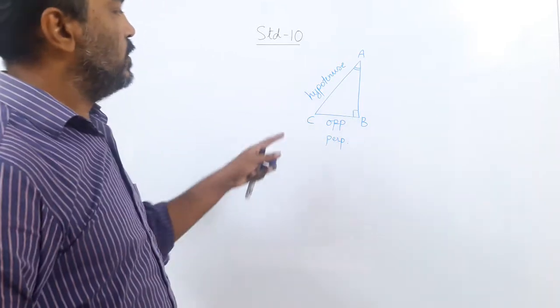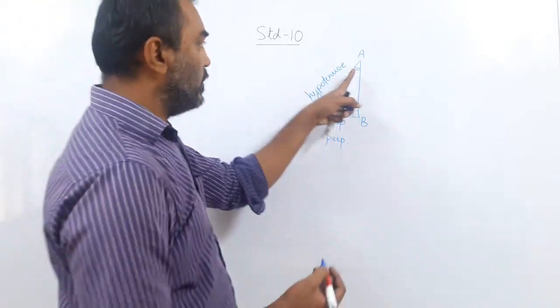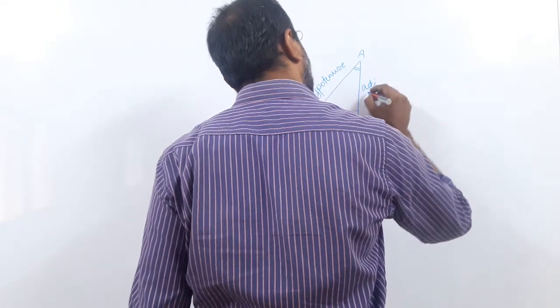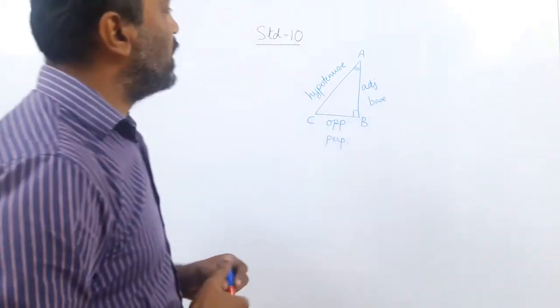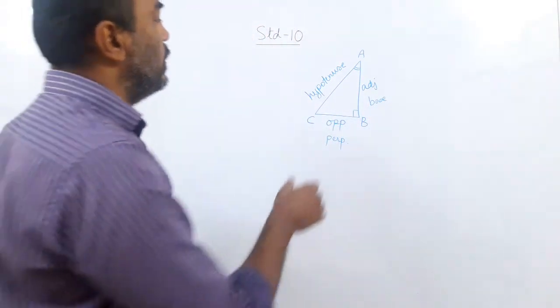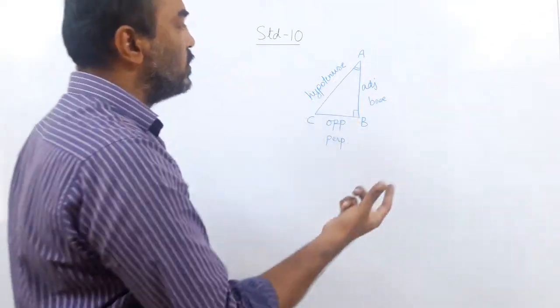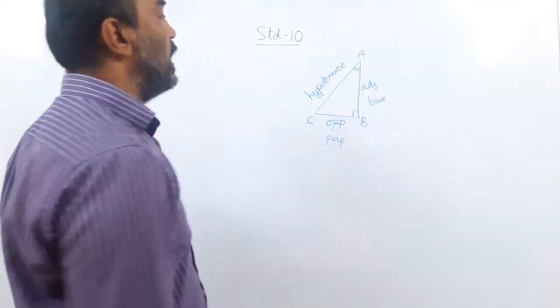Because I have chosen angle A. And on this side is the adjacent, I should say, or the base. So this right angle triangle has got three sides: an opposite side, an adjacent side, and a hypotenuse. Or in other terms, a perpendicular side, because I have chosen angle A, a base, and a hypotenuse.